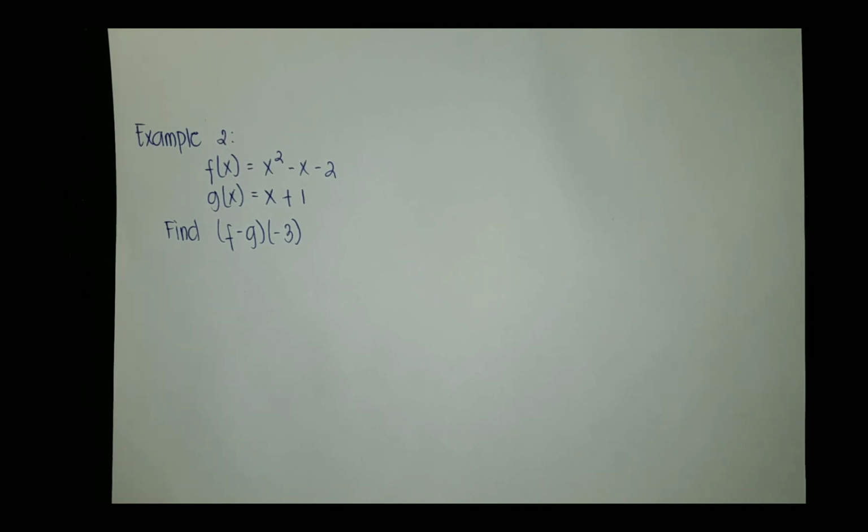Just like in addition, we can find the difference of two functions in two ways. The first way is to find first the f minus g of x, then evaluate the resulting function with the given value of the variable, which is negative 3.